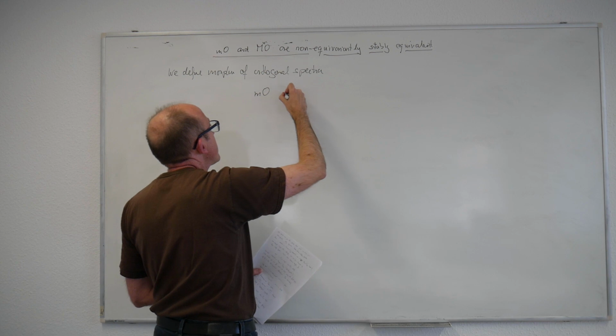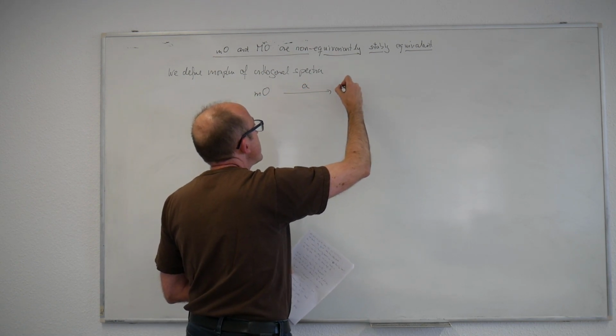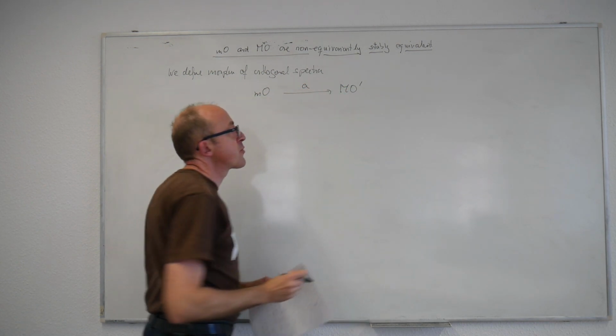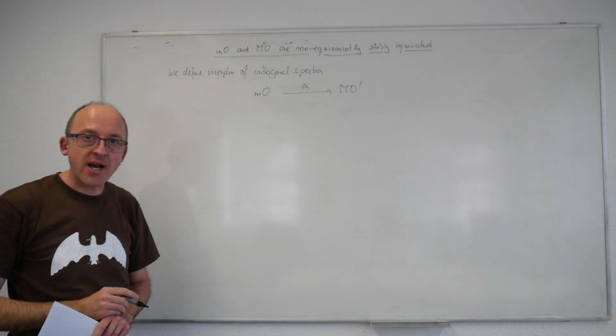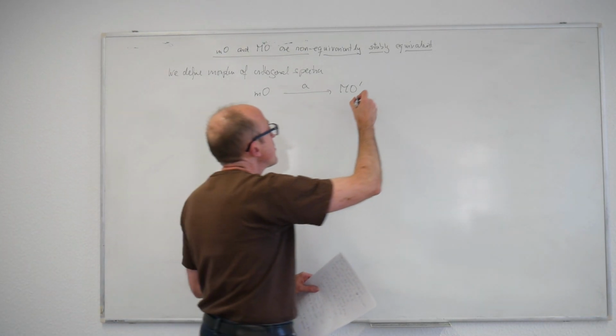One from little m capital O that I call A to something that I call MO prime, indicating that it's not isomorphic but globally equivalent to MO.